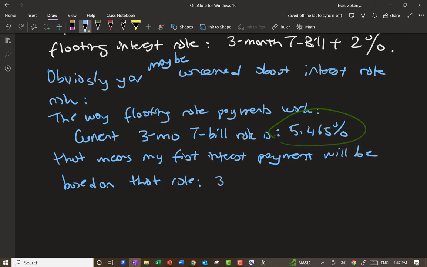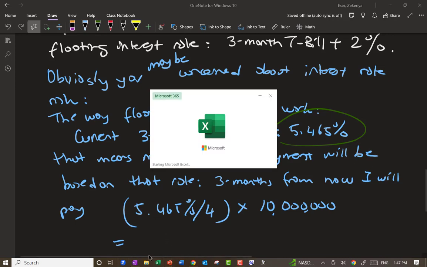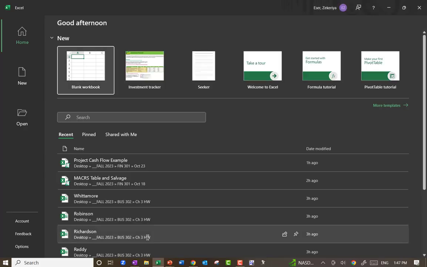So I would pay 3 months from now 5.465% divided by 4 times 10 million, and I'm gonna calculate it in Excel, or it's easier with my phone.